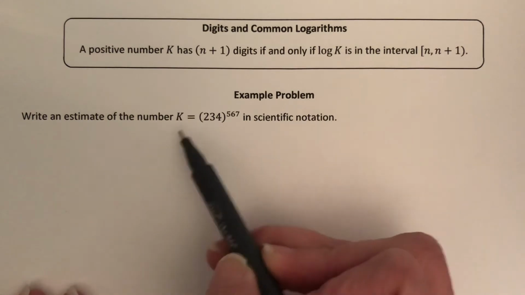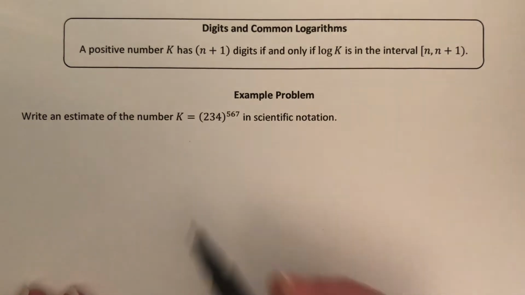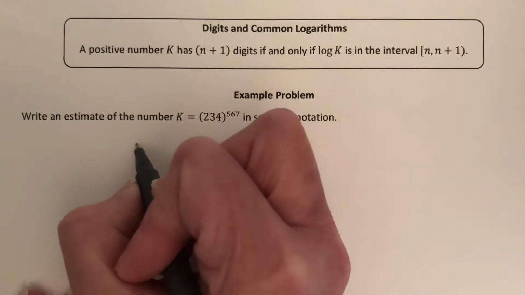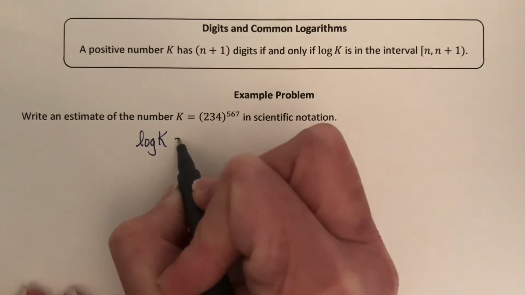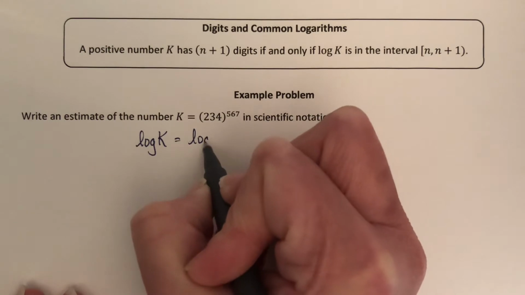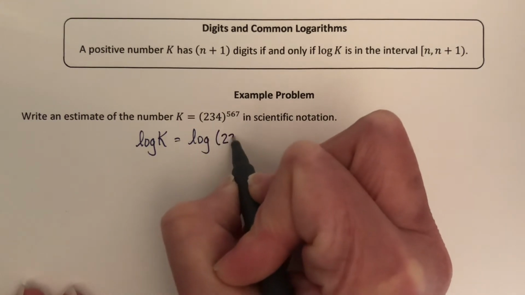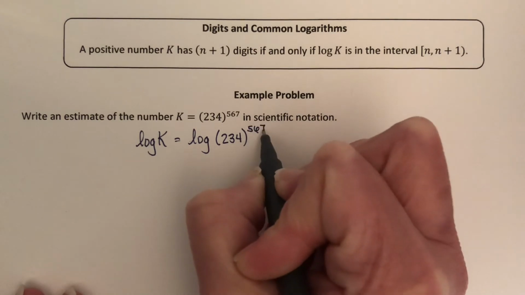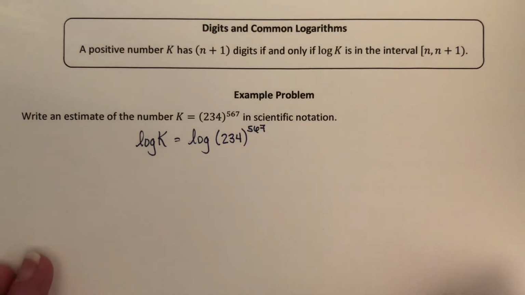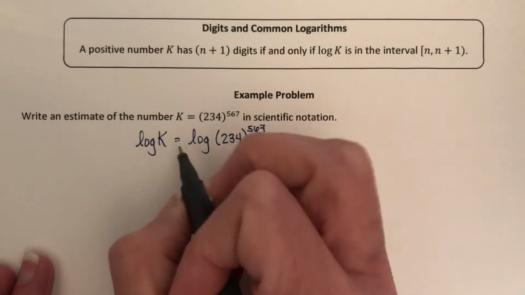So the first thing I want to do is take log of k. So this is log of 234 to the 567th power. Now I can move this exponent into the front.